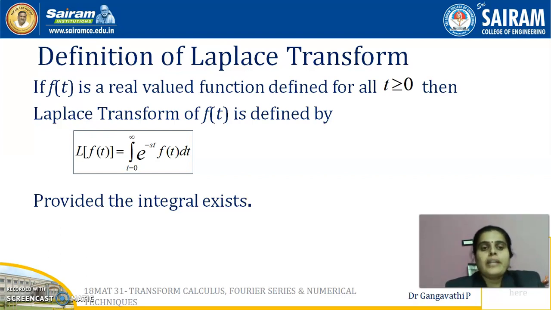I told you while defining the real valued function that t accepts all values positive and 0, anything greater than 0, so it can go up to infinity. Therefore the integration has been taken with limits from 0 to infinity, of e to the power of minus st f of t into dt. This is the definition of a Laplace transform.